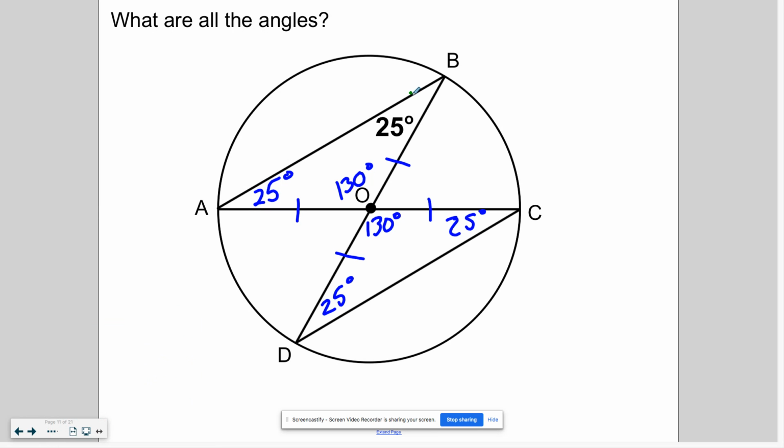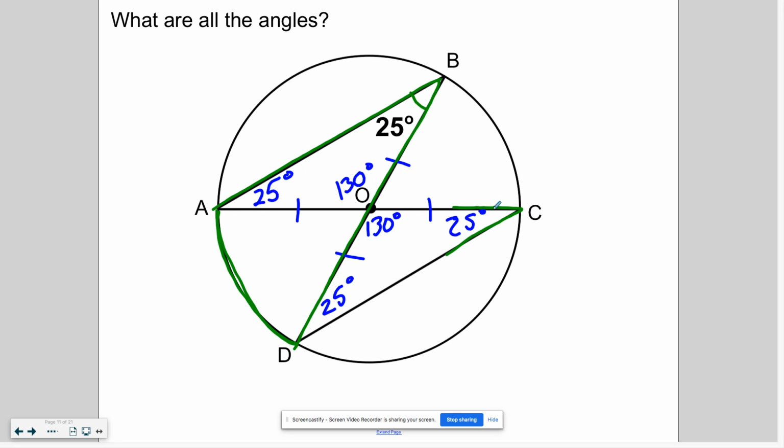I know that this angle B up here is subtending this arc, right? If you follow that out, follow the sides out, that's where it's going. If you look at angle C, it's going to the same arc, right? Angle C goes out to the same location if you follow this side out.